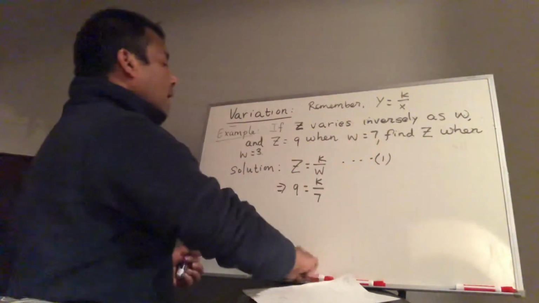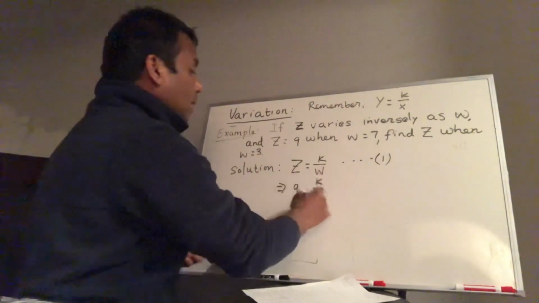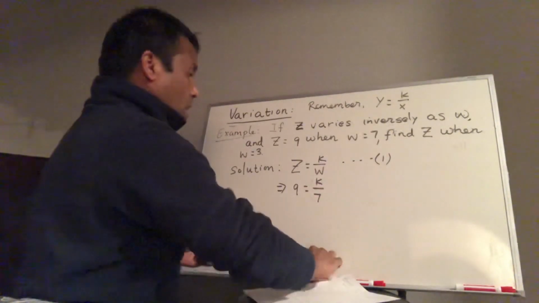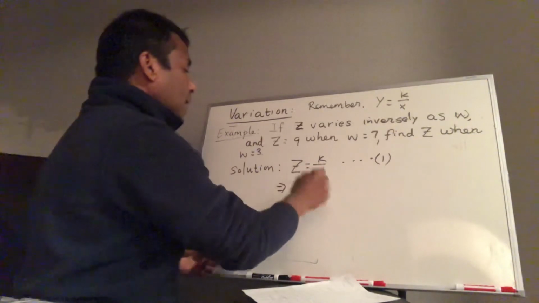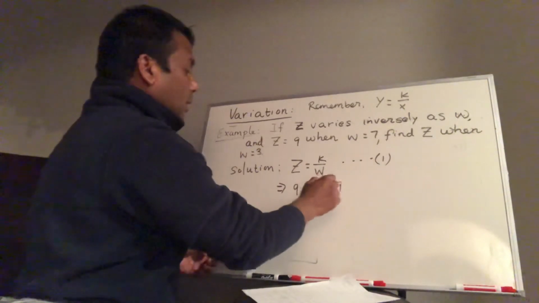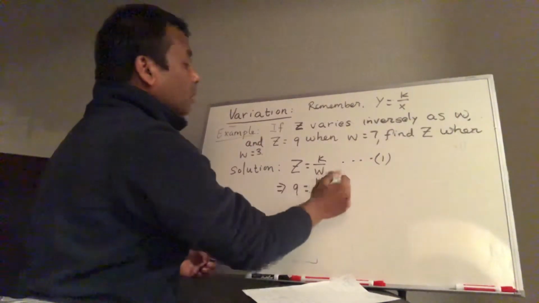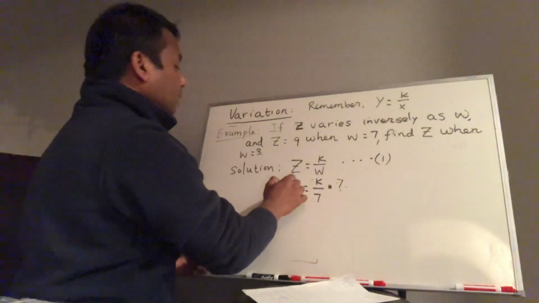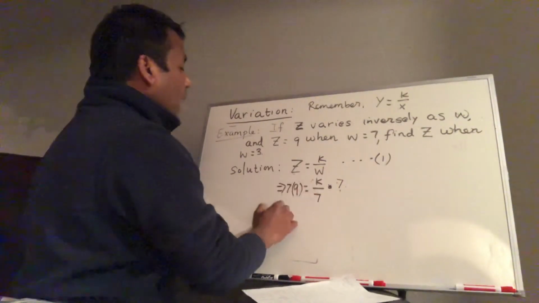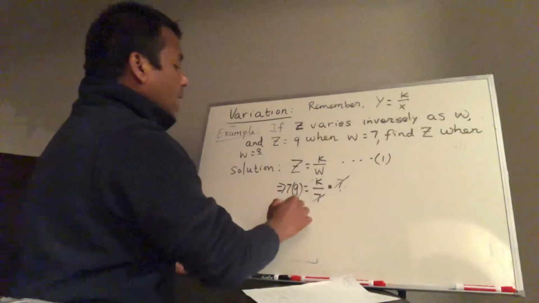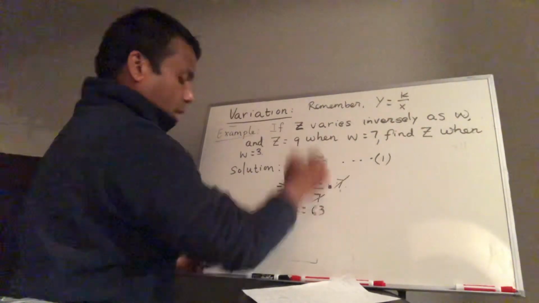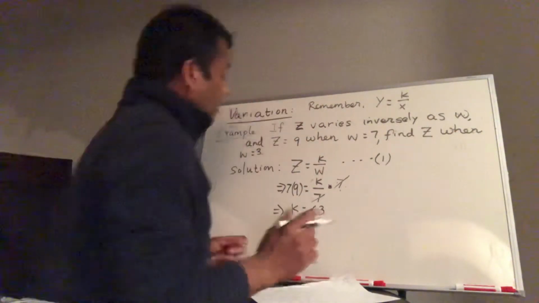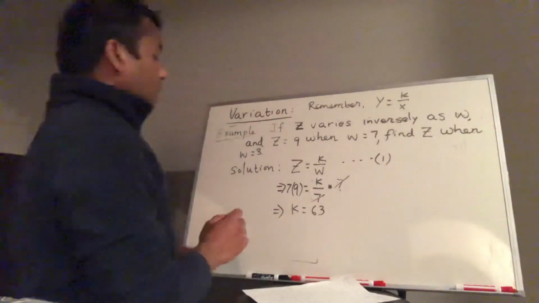So if you multiply both sides by 7, then you will have k equals 63, right?